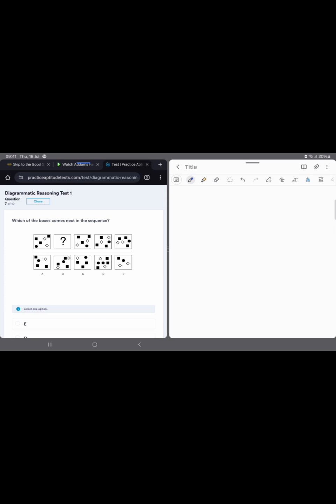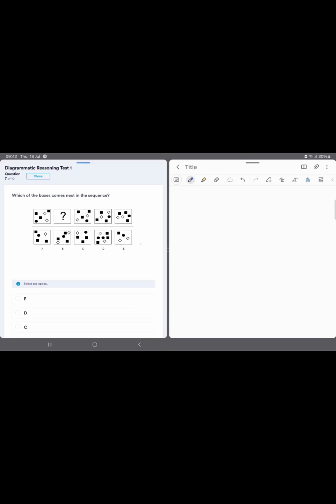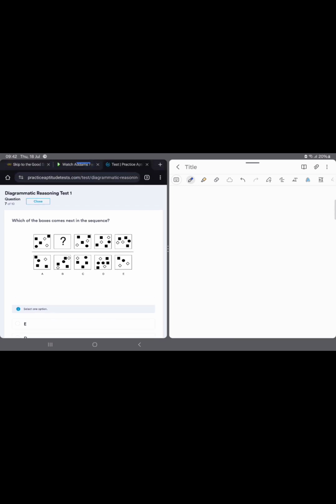we can see that A, C, and E all have less than 6 diagrams or shapes within the big box. So it can't be them, because in our diagrams all of them have 6 shapes inside.